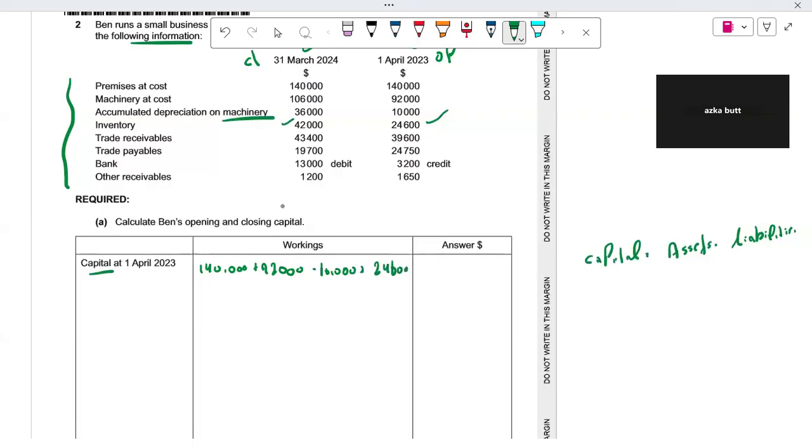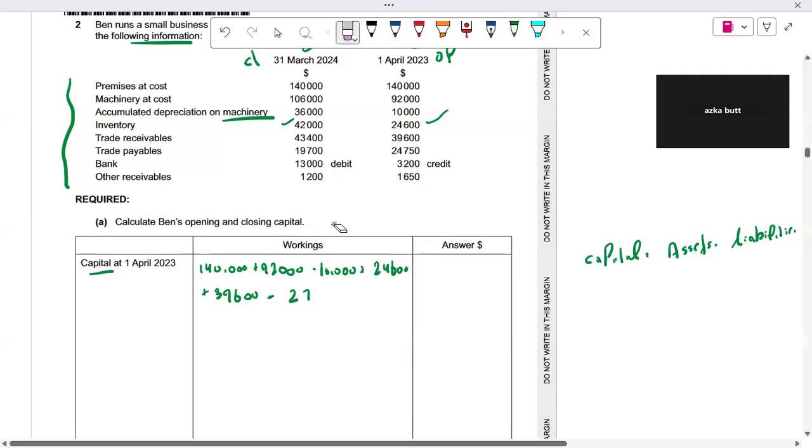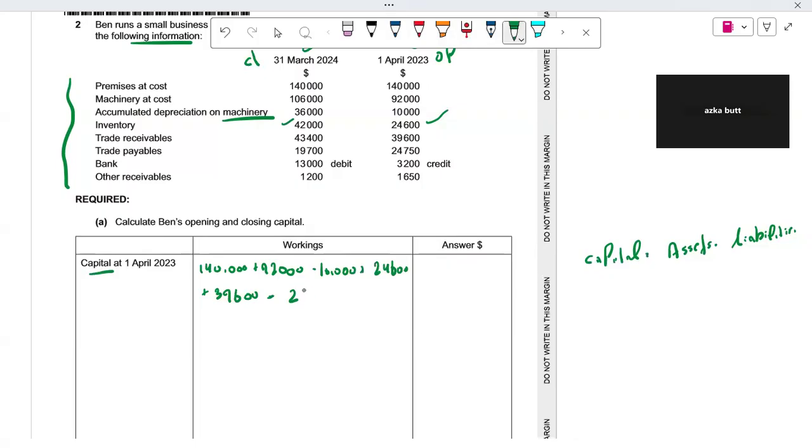Trade receivables are 39,600. And trade payables are a current liability, so we need to deduct it. And the bank is credited, which means that this is the overdraft.